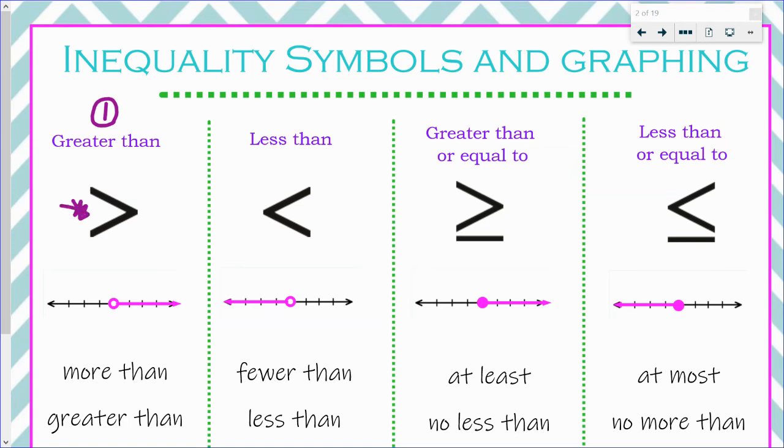When you graph it on a number line, which we'll revisit soon, I just wanted to have this as a quick guide for you to always look back on during these next couple days. Greater than is going to be an open circle, always shading to the right, because think about it, your numbers get greater as you go to the right. Also, when writing inequalities from a sentence, two key words are more than or greater than.